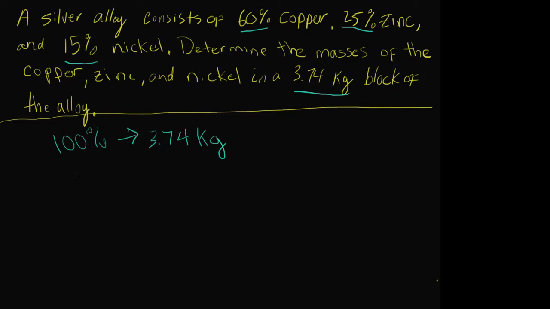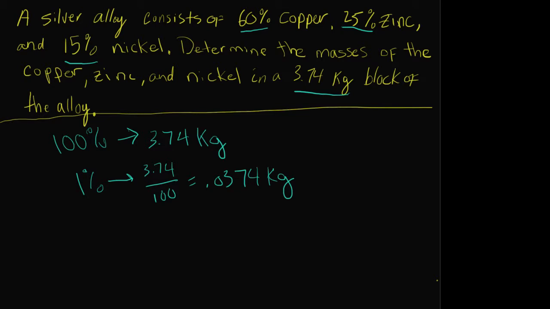So 1% of that same block is going to be 3.74 divided by 100, or 0.0374 kilograms. So 1% weighs this much. Well, now that you have how much each percent weighs, you can use that to determine the other proportions.